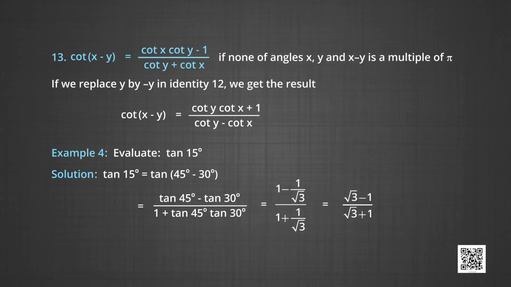So, replacing these values, the value of tan 15 degrees is 1 minus 1 by root 3 divided by 1 plus 1 by root 3. On taking the LCM, this comes out to be root 3 minus 1 upon root 3 plus 1.